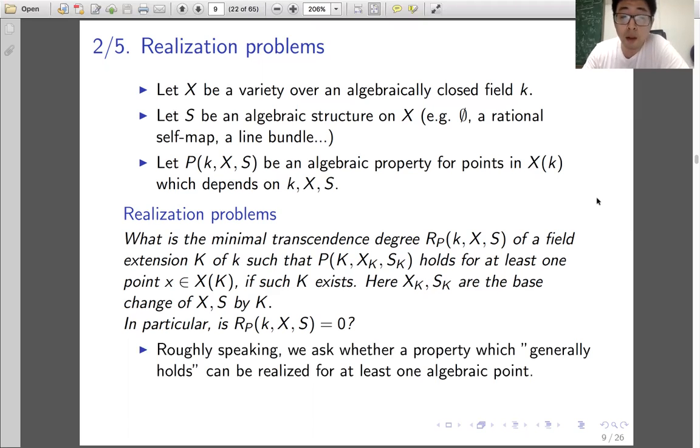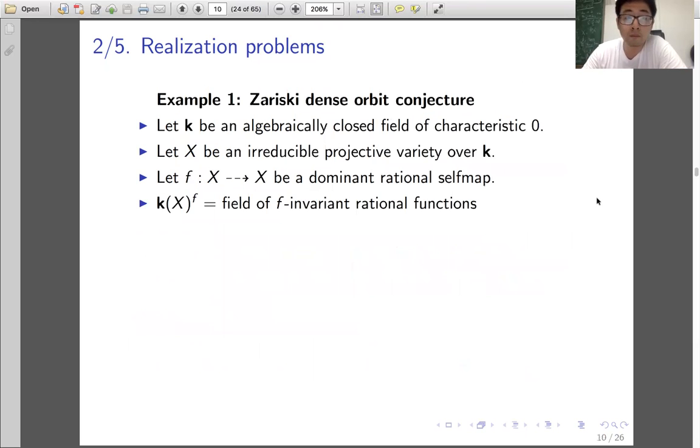Loosely speaking, we ask whether a property which generically holds can be realized for at least one algebraic point. Okay. In many cases, this problem is only interesting when k is countable.